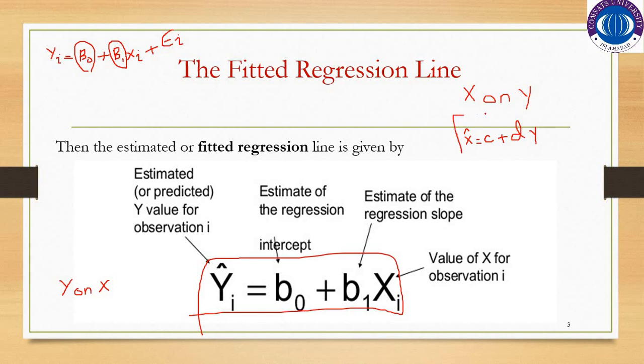So this is the fitted regression line for x on y, and c and d are the estimated values for the parameters of the regression line x on y.